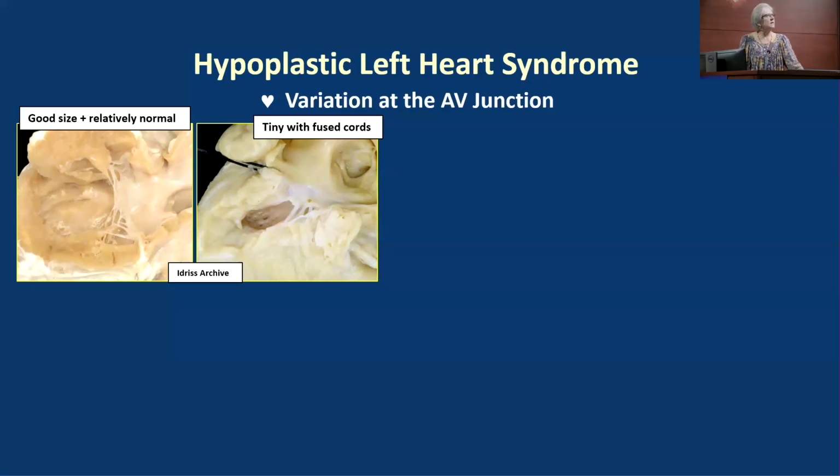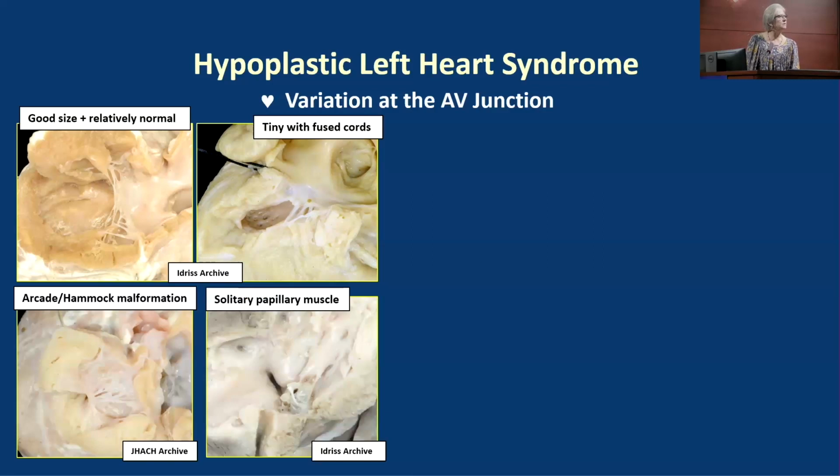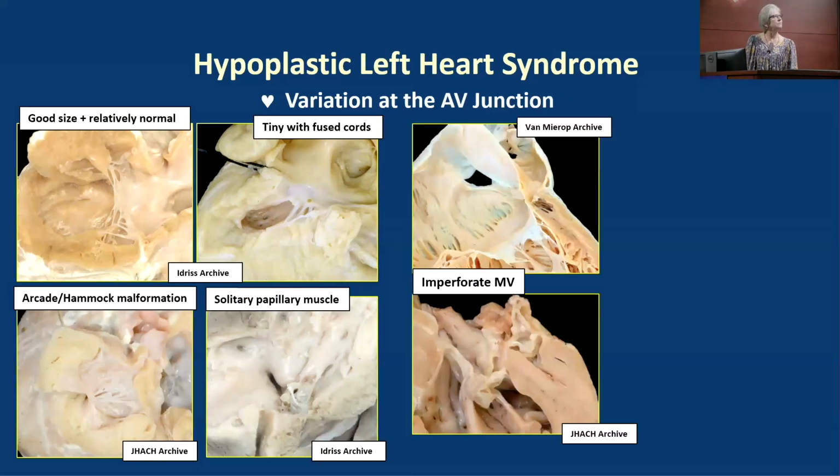You can see very tiny mitral valves with fused tendinous cords, and even this one has a portion of the mural leaflet fused to the underlying endocardial surface. You can see arcade or hammock malformations, solitary papillary muscle or parachute malformation, and at the mitral valve, you can also see imperforate valvar apparatus.